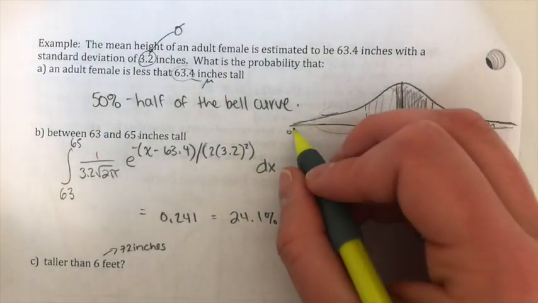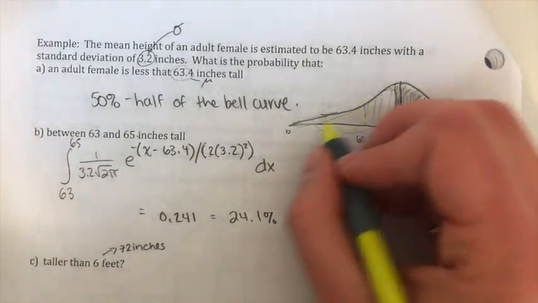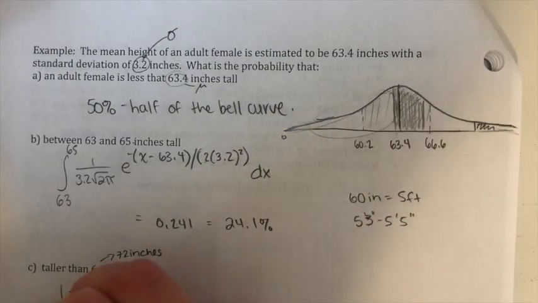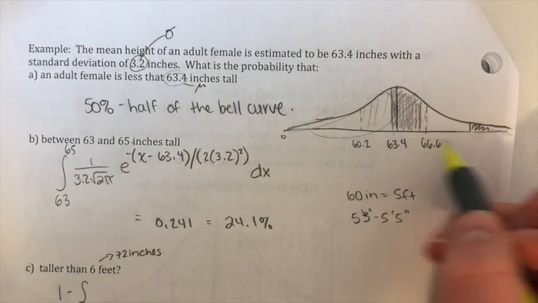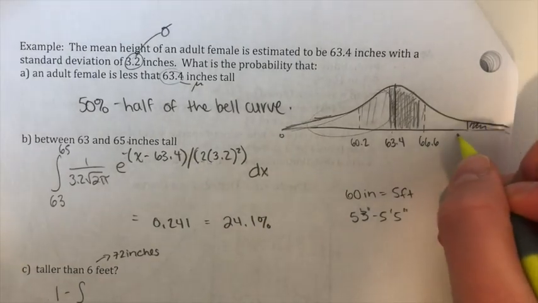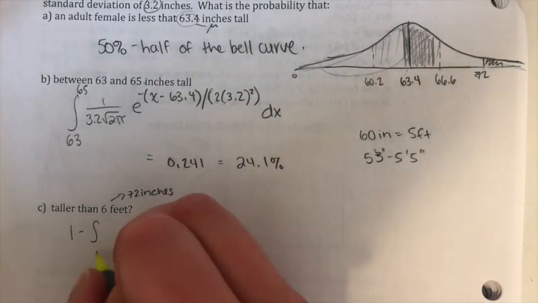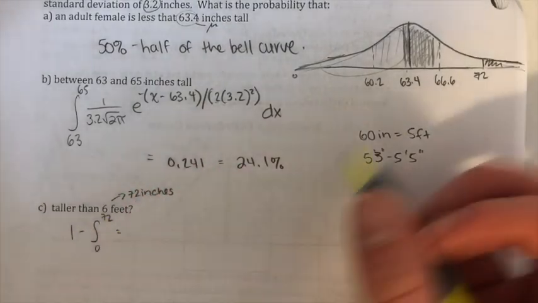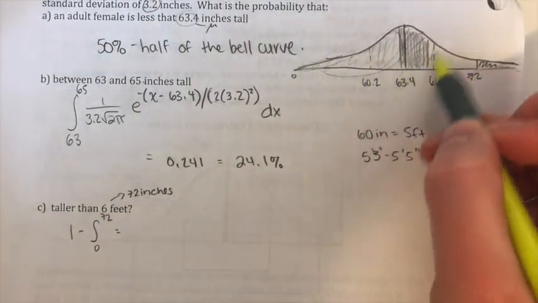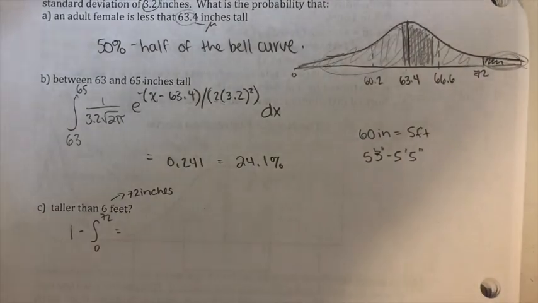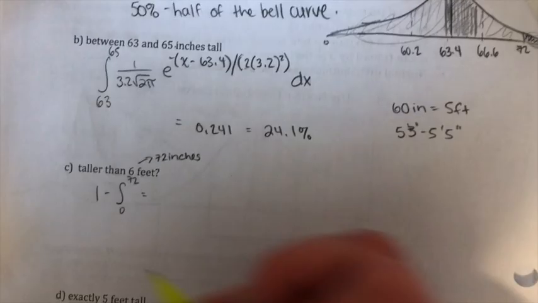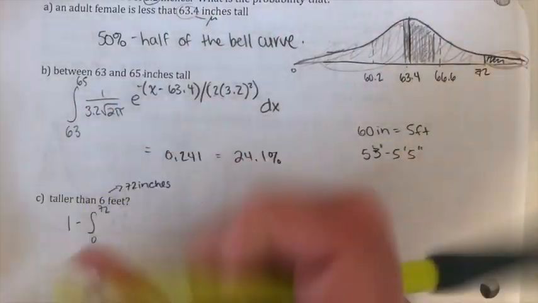So if I do this whole one, all of the area beneath this, 1 minus the integral from 0 to, this is 72 over here. So 1 minus the integral from 0 to 72, then I'm getting rid of all of this area and I'm left with what's over here because I don't know that end deadline. I didn't actually write the integral.